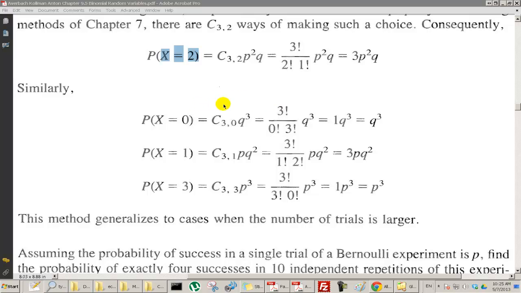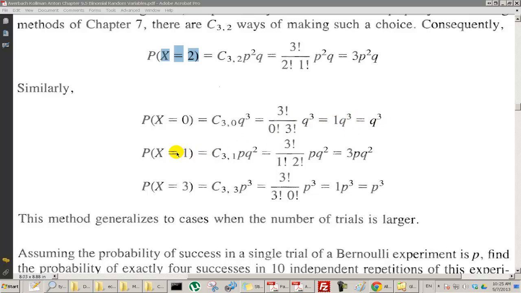So there are 3 slots. How many ways of choosing from the 3 slots of selecting 0? There's just one. So this calculation here is 3 factorial over 0 factorial 3 factorial, times the q cubed. So it's 1 times that, which is q cubed.